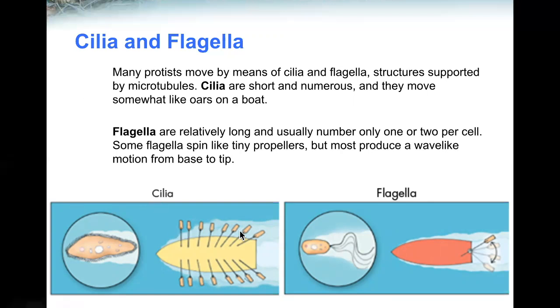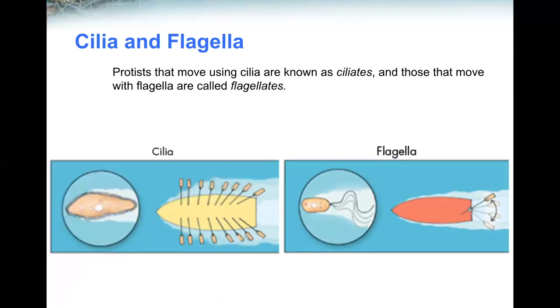Cilia are like many oars on the side, and flagella are like an oar at the back, spinning or vibrating. Protists that move using cilia are known as ciliates, and those that move with flagella are known as flagellates.